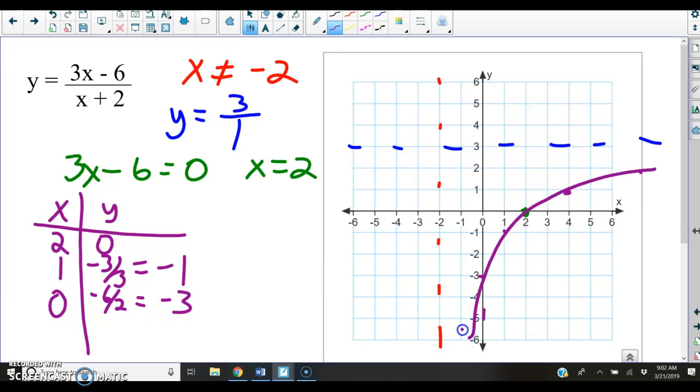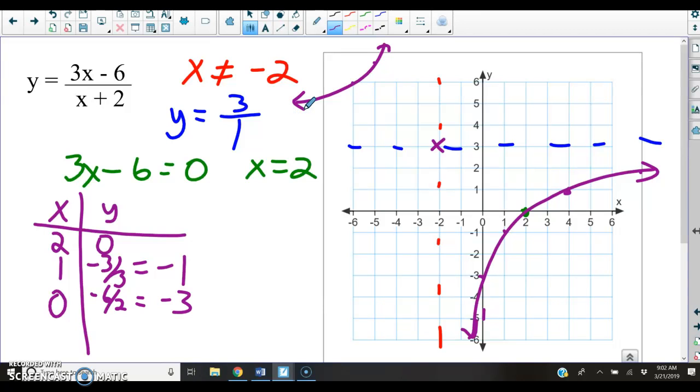I think I got it looking like this. And we could do the same thing here. From this point where the vertical and horizontal asymptotes cross, I want 12. So 4, 3, 3, 4, and I don't have a whole lot of room. I think that's what it's going to look like.